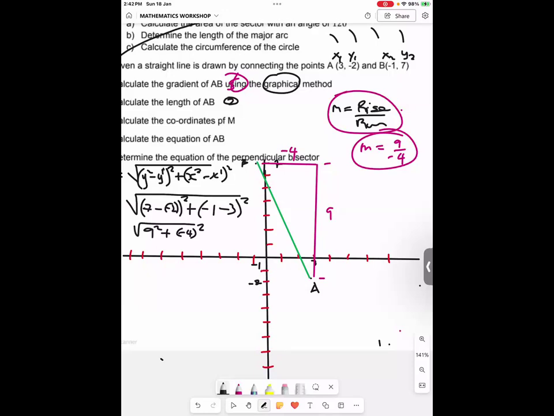Now when you square 9, you will get 81. And when you square negative 4, you're going to get 16. So the appropriate solution for this is root 97 units.